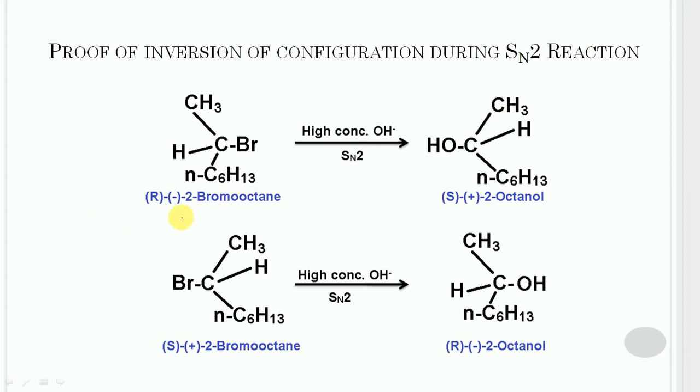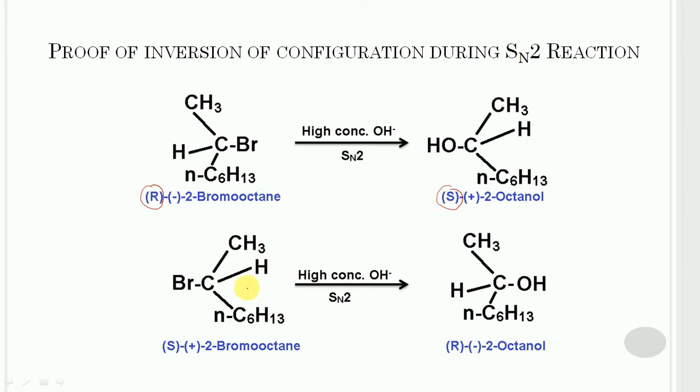So let us consider the first one, the hydrolysis of minus 2-bromo-octane, which has R configuration, and it will undergo SN2 reaction in the presence of high concentration of hydroxide ions, and it gives exclusively plus 2-octanol with S configuration.